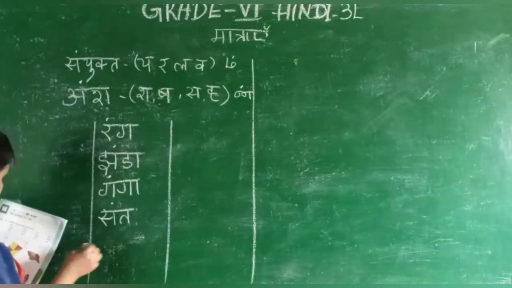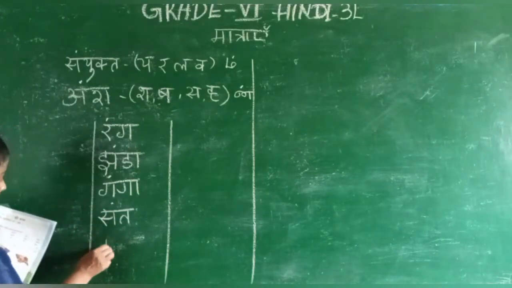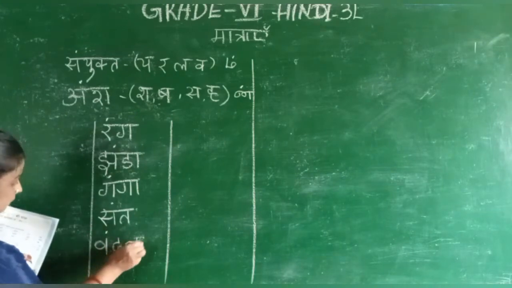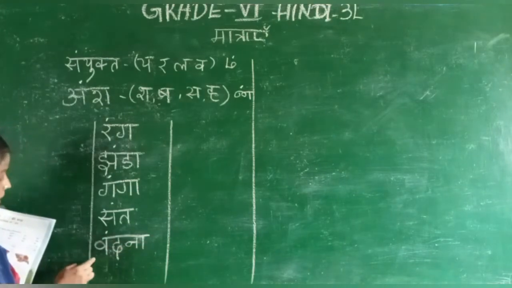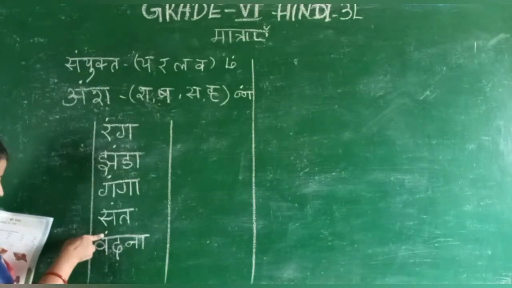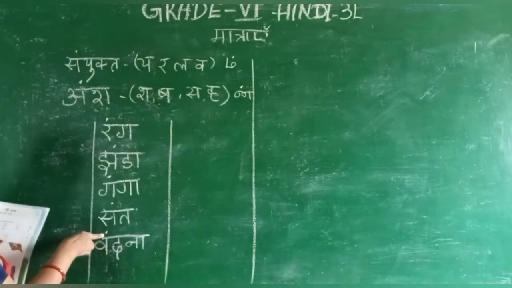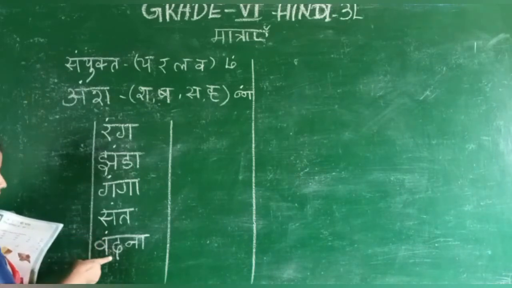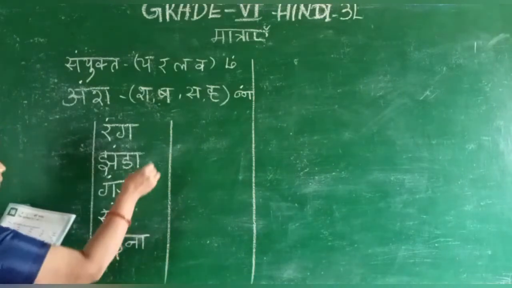And next one: va, in, the, na. See, after the dot, the same tatta dada varga. So the sound of this dotted symbol, how to pronounce? Ind, va, in, the, na, vandana.